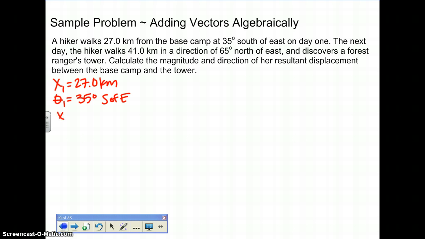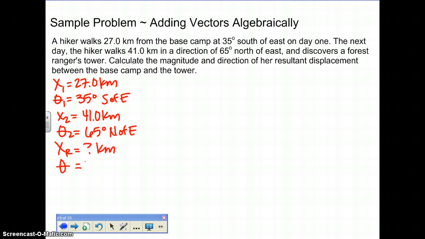The next day, so x2, is 41.0 kilometers, and that theta 2 is 65 degrees north of east. Calculate the magnitude and direction of the resultant. So x sub r equals, I don't know, kilometers, and theta equals, I don't know, degrees, something of something, right? It's either going to be north of east, south of west, east of south, or east of north. We'll figure that out from there.